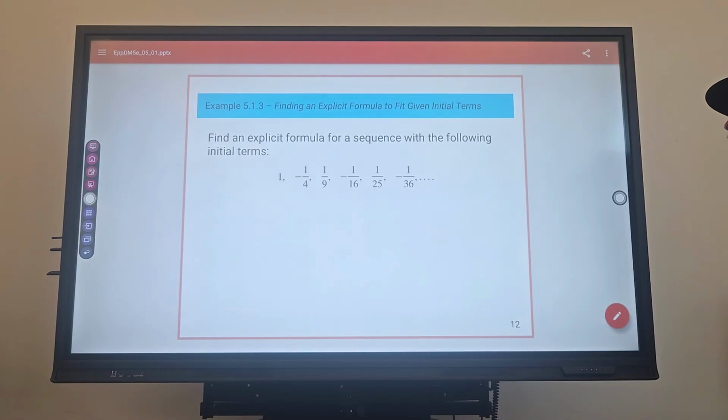Find an explicit formula for a sequence with the following initial terms: 1, minus a quarter, 1/9, minus 1/16, 1/25, and minus 1/36. What would you say how the sequence would be defined? Any ideas?